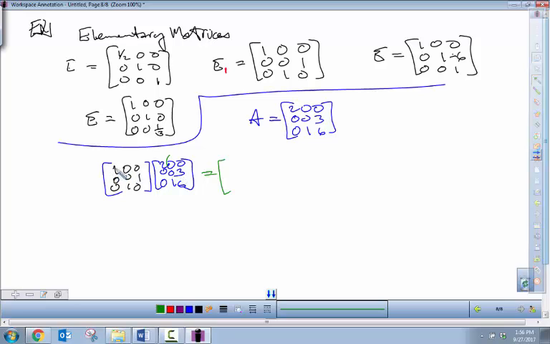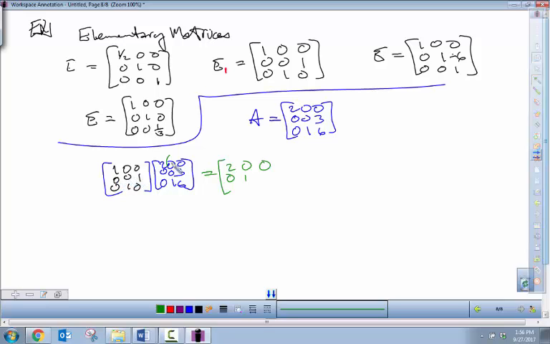So let's do this multiplication. 1, 0, 0, 2, 0, 0, so that's a 2. Now my second row and the columns: 0, 0, 1 times 2, 0, 0, none of them happened. You get a 1 in the second.